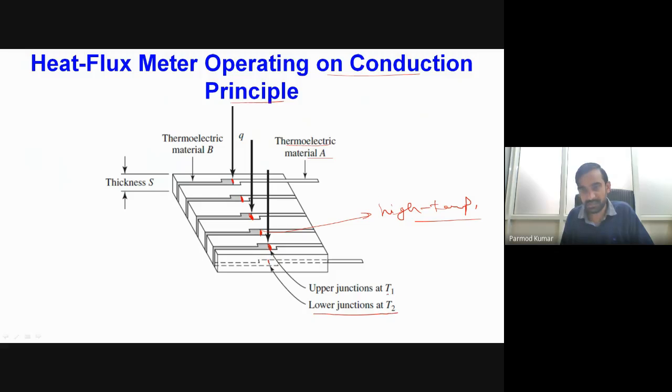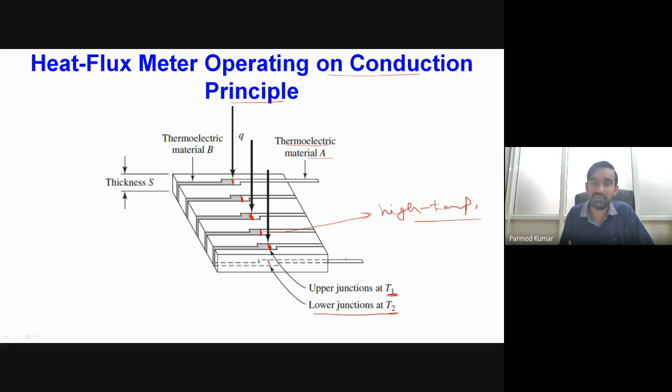I am considering the temperature of the top junction as T1 and the bottom junction as T2, and S is our thickness. So we will have conduction of heat from the top junction to the bottom junction, which controls the temperatures T1 and T2.